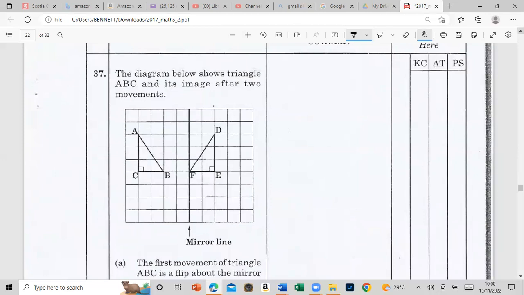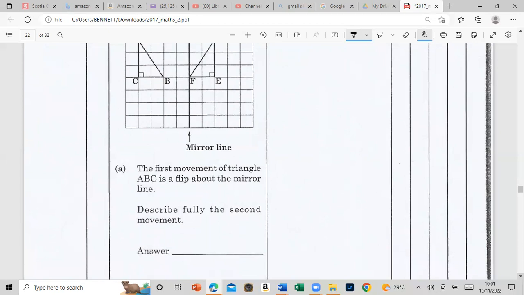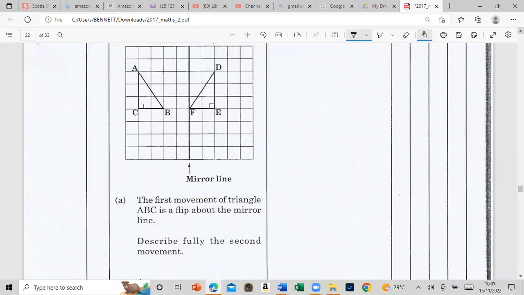The diagram below shows a triangle ABC and its image after 2 movements. Let me see the original. The original ABC. The first movement of the triangle ABC is to flip about the mirror line. Describe fully the second movement. I don't understand what they're saying here. So first movement of the triangle ABC is to flip about the mirror line.